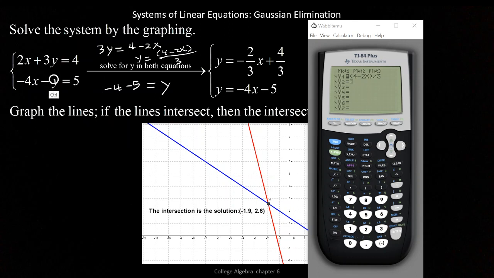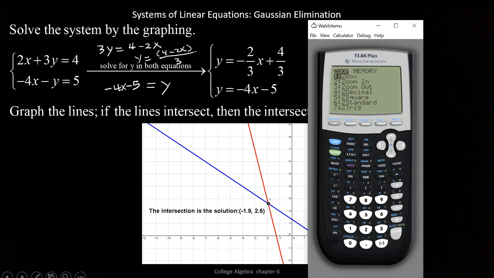Move this to this side, move this to this side. So y equals negative 4x minus 5, right? That's the second one.